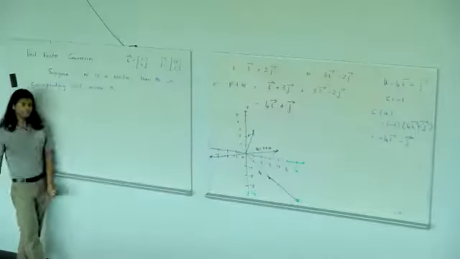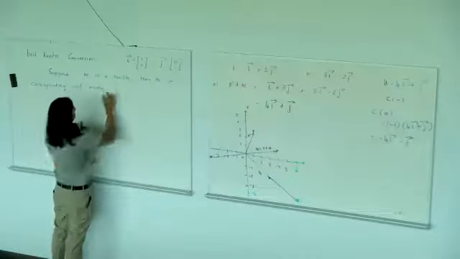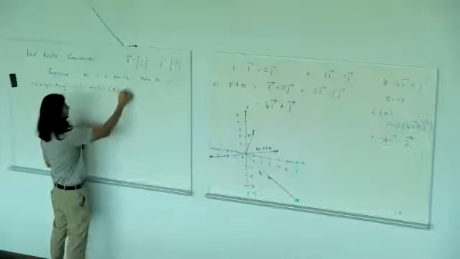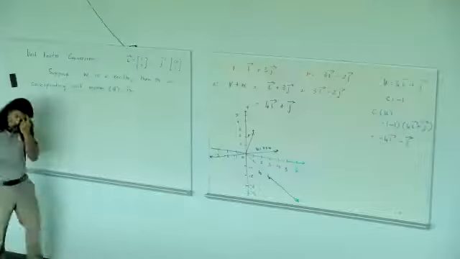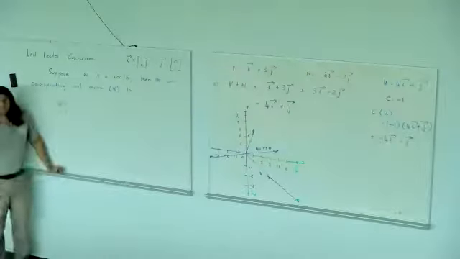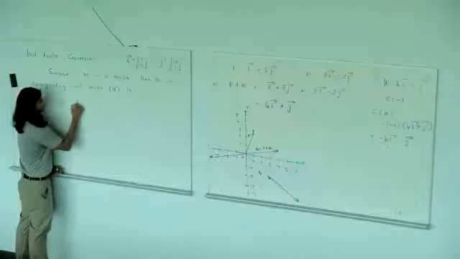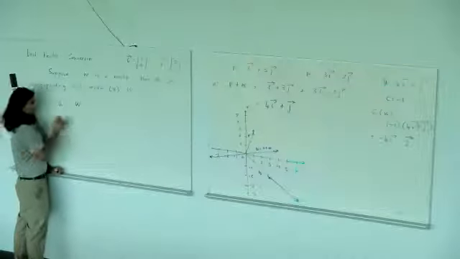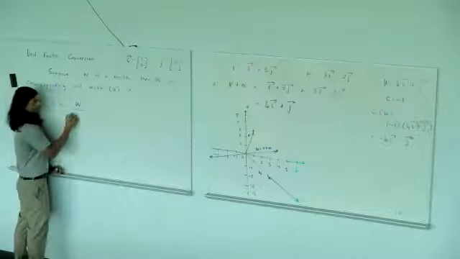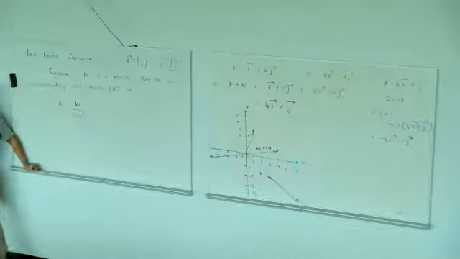If you take any vector W, its corresponding unit vector, I'll use the letter U, is easy to find. You simply take W and divide it by the magnitude of W. Good?